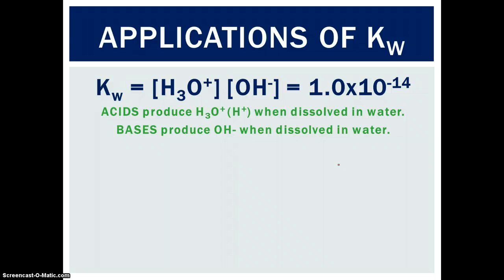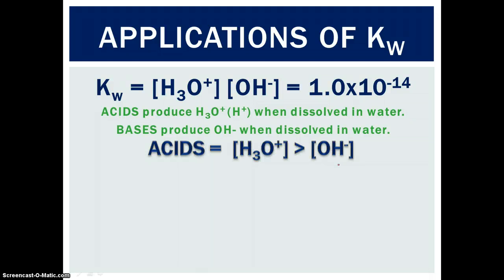Because we know that acids produce hydrogen ions when they dissolve in water, we know that the hydrogen ion concentration will have to increase. If the hydrogen ion increases to keep that equilibrium constant, the hydroxide ion will then decrease. Acids are characterized by having a higher hydronium ion concentration than hydroxide ion concentration.